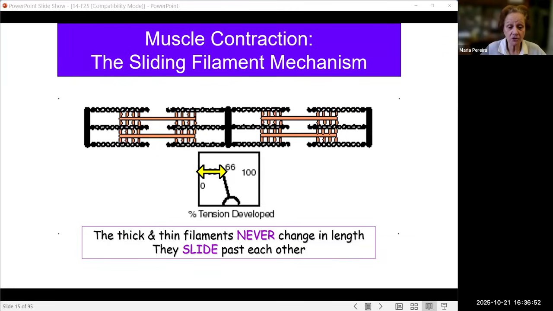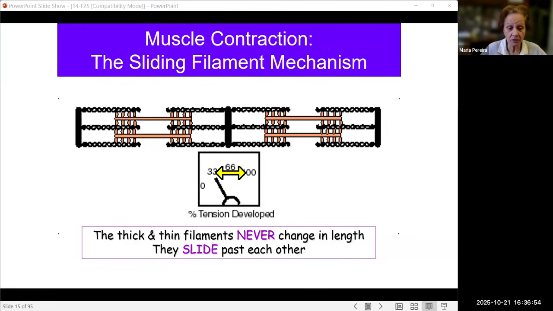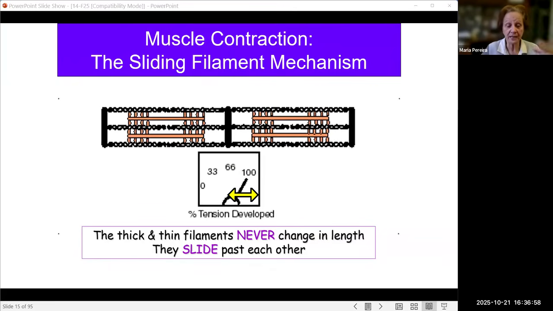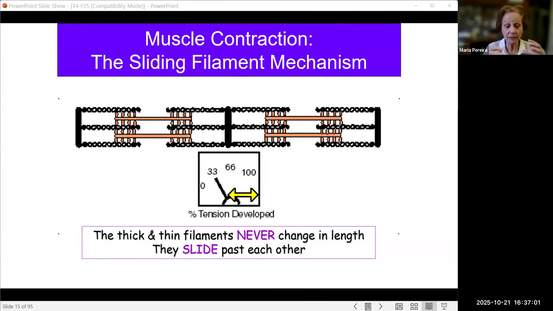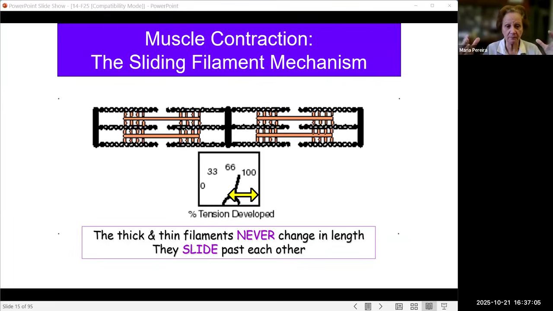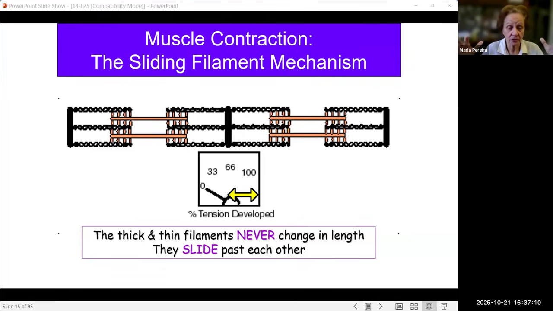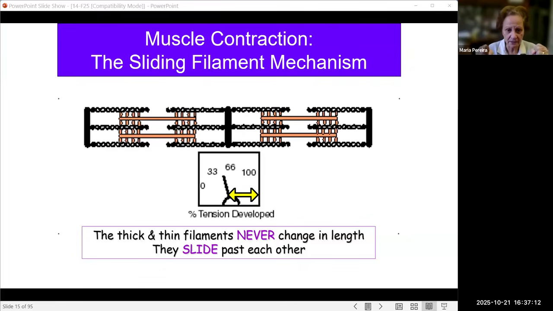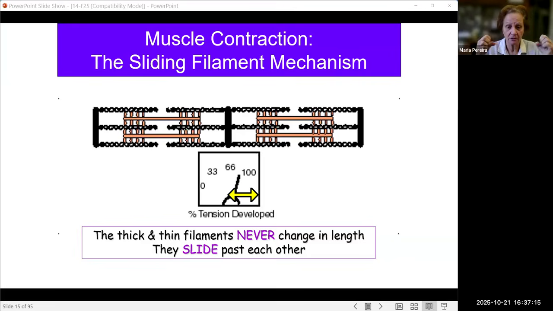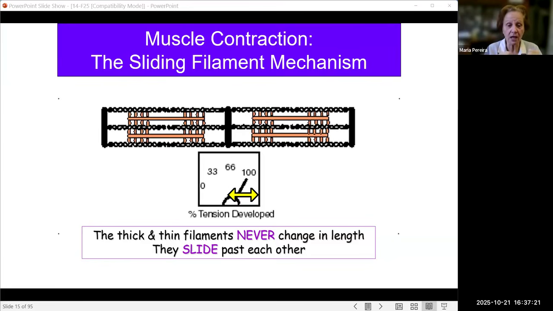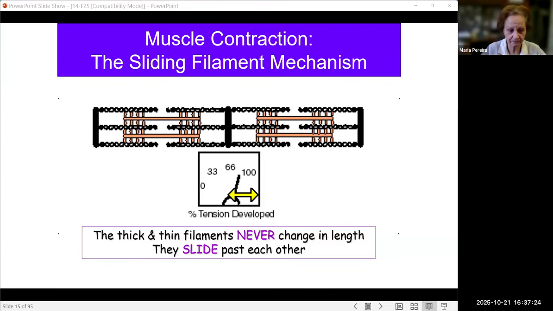And this is what causes the development of tension or force. So tension is what happens when the muscle develops force, when the muscle is contracting. It develops tension because there's tension on the Z lines. They're being pushed closer to each other. So that's what develops the force of the muscles that allows the muscle to contract. Okay.